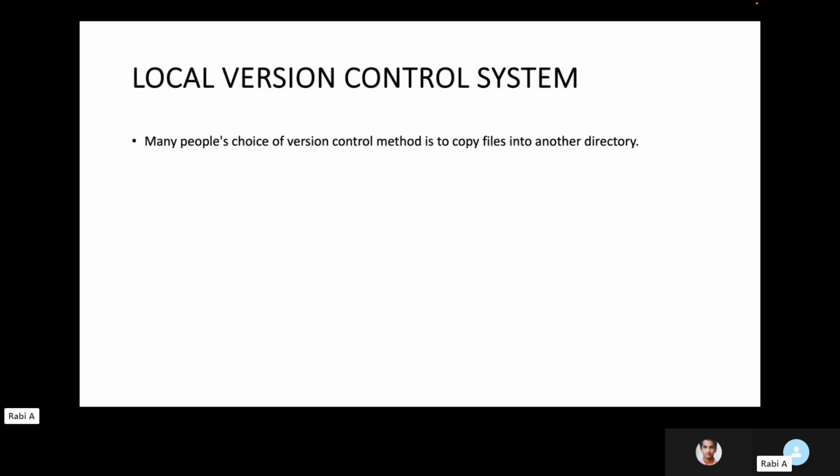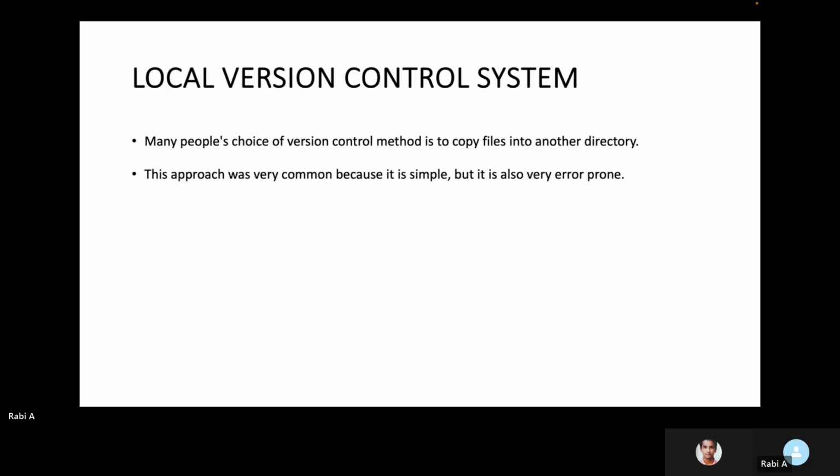So many people's choice of version control method is to simply copy the files into another directory. You maintain a backup folder where you keep all of your original files, right? Now this approach was very common because it is very simple, but also it is very error prone.